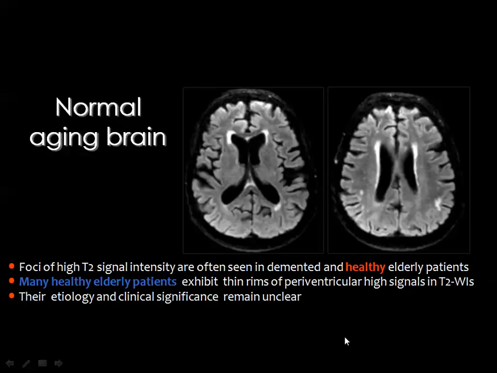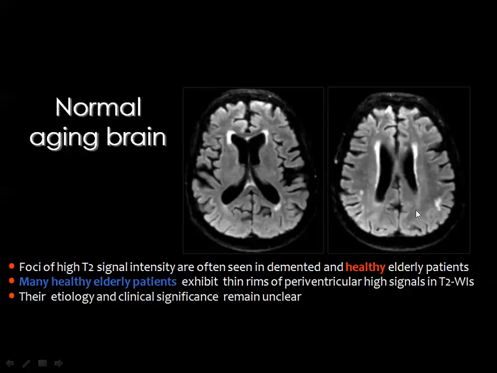And if you see an MRI of an old person at the age of 60 or 70, then you will see these changes while the patient looks normal and is thinking normally and has no motor or sensory deficits. You see that the ventricles are dilated, and you see in the periventricular white matter foci or patches of increased signal in the T2 and FLAIR weighted images.